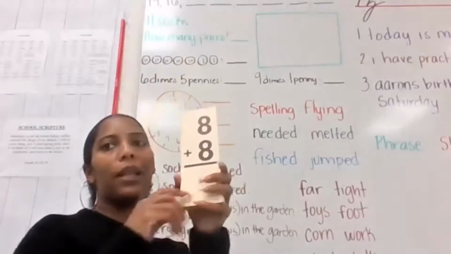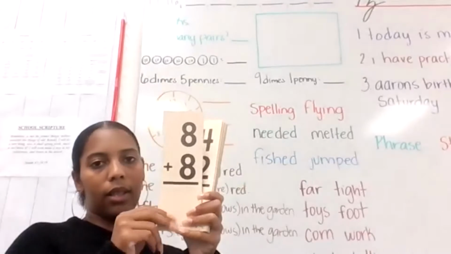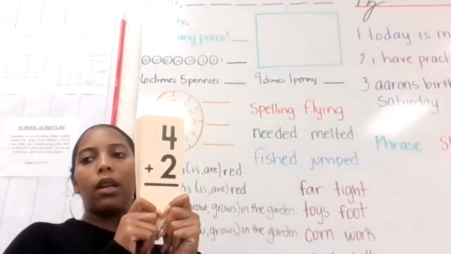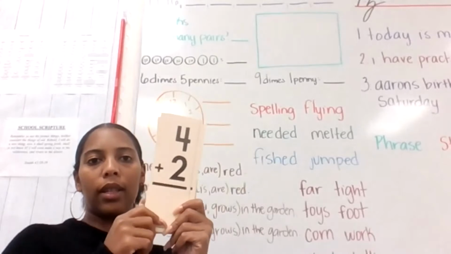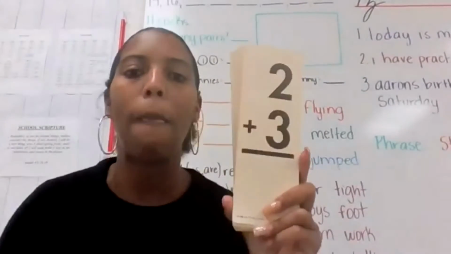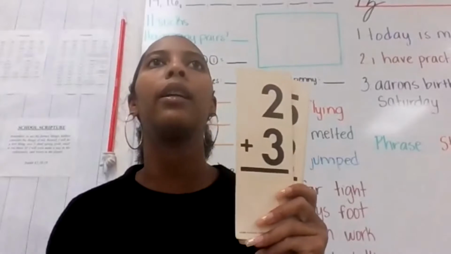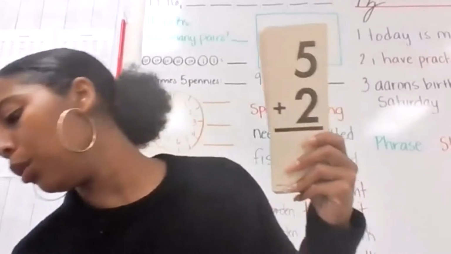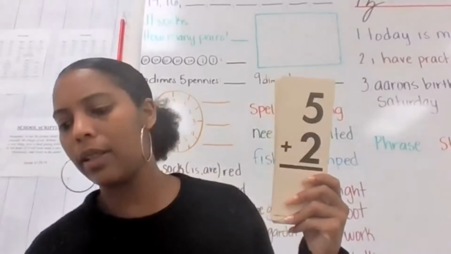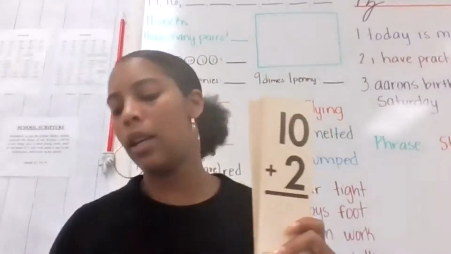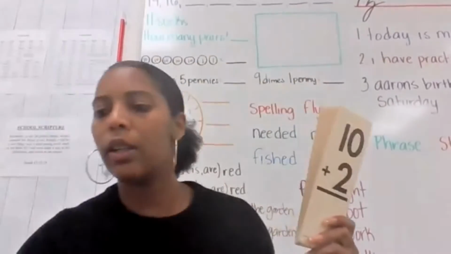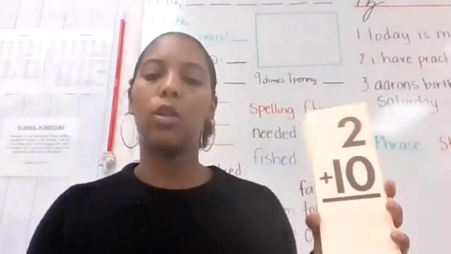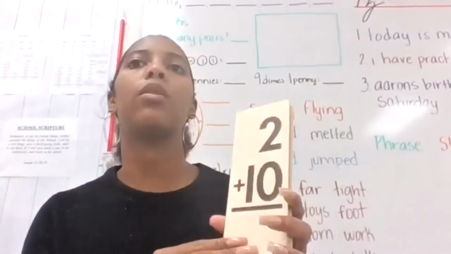All right. 8 plus 8 equals 16. 4 plus 2 equals 6. 2 plus 5 equals 7. 2 plus 3 equals 5. 5 plus 2 equals 7. 10 plus 2 equals 12. 2 plus 10 equals 12.